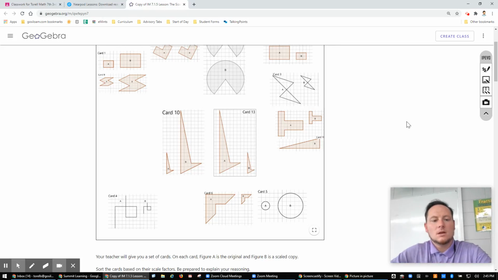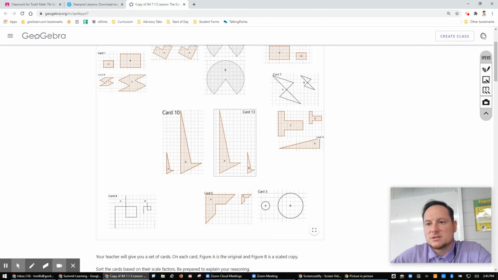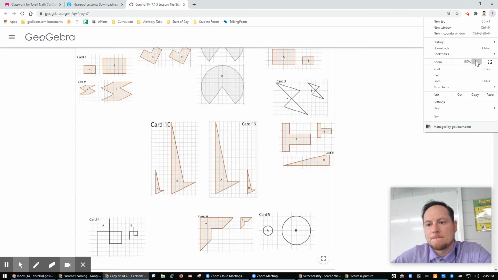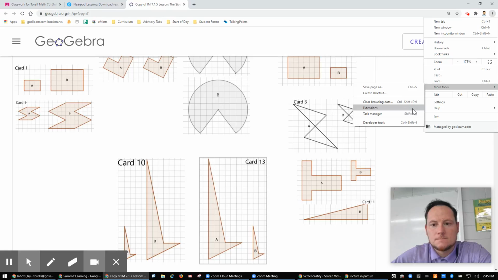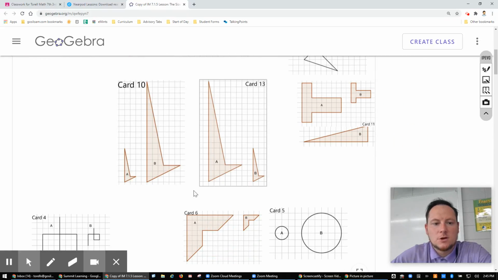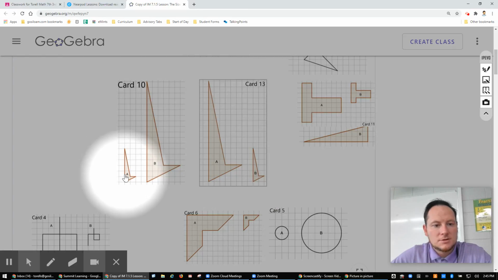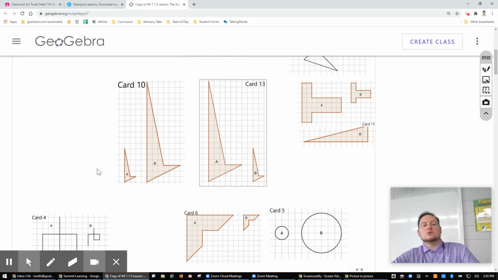So what is the scale factor on that? Let me see if we can zoom in just a little bit more. So what do we get here? If we look at each one of these more closely, we'll be able to figure that scale factor out.